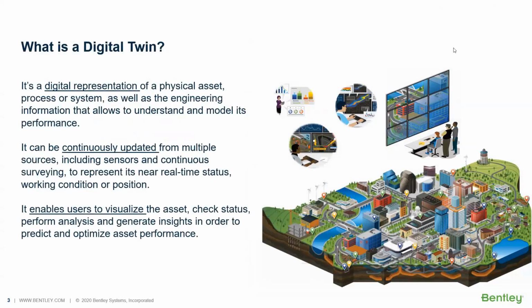It can continuously be updated, and I would say it must be continuously updated to be used as a single source of truth from multiple sources, including live sensors, IoT, continuous surveying and mapping, and that will be used to represent its near real-time status, so that when you look at the digital twin, when you manipulate it, you see almost what's happening in real life, and you can make decisions based on what you see on the screen without going on site to check facts.